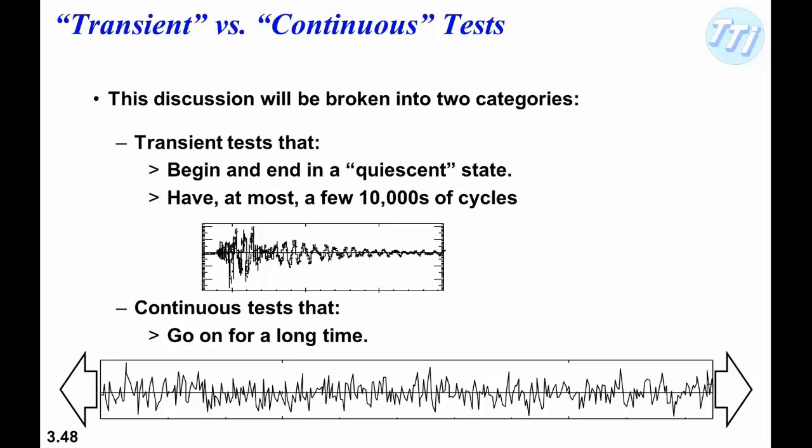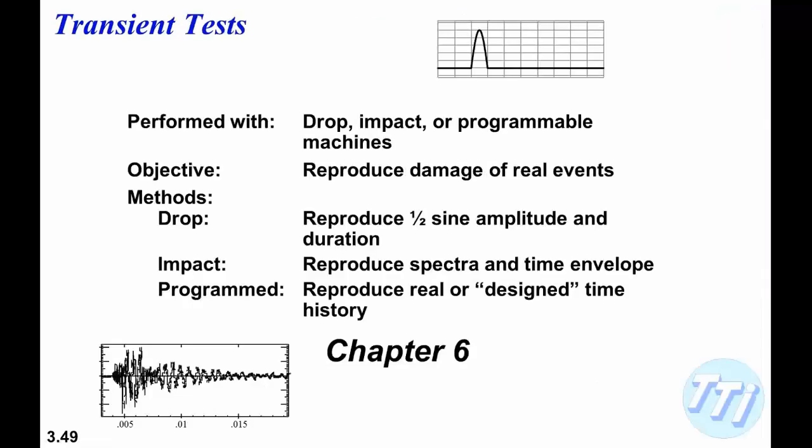We're going to break the discussion into two categories: transient tests, and the definition of transient is that it begins and ends in a quiescent state and has a relatively small number of cycles. Another possibility is a continuous test, and this is one that goes on for a long time, whatever that means. That may mean 10 seconds or it may mean 1,000 hours.